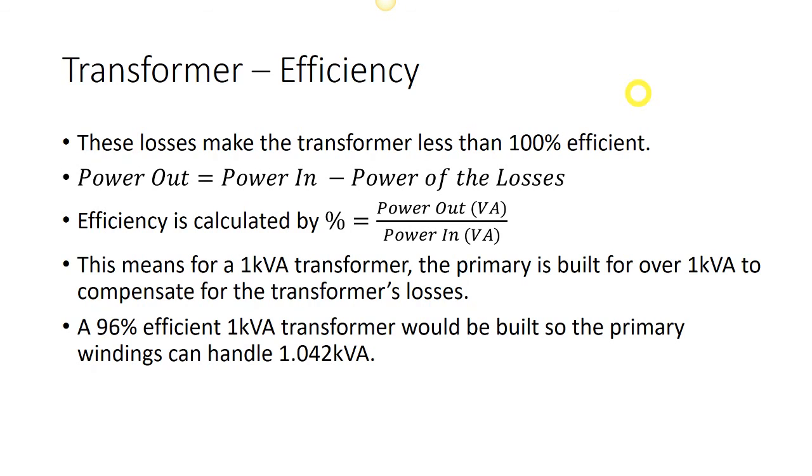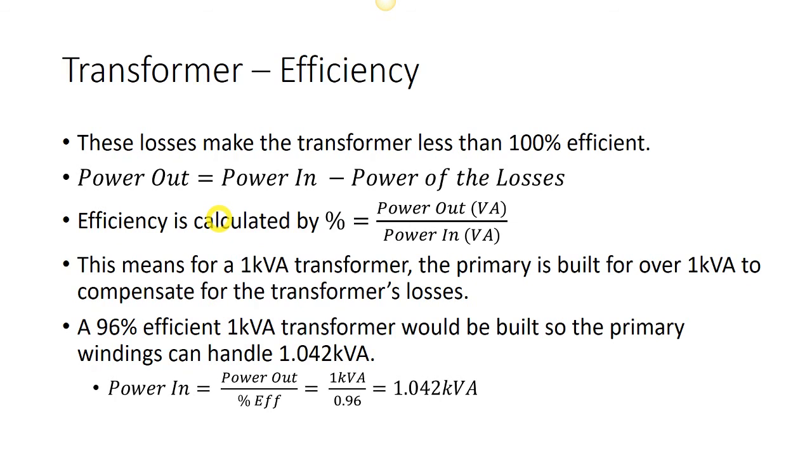So if we say that our transformer is 96% efficient and our kVA is 1 kVA on our secondary side, for our primary side, all I did was take this 1 kVA and divide it by 0.96. We actually get what the primary has to be built for.